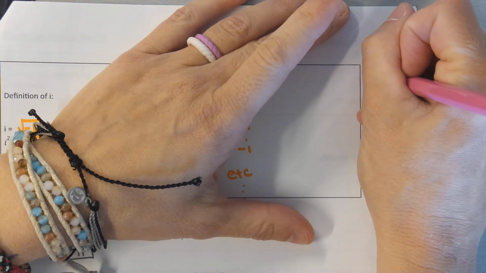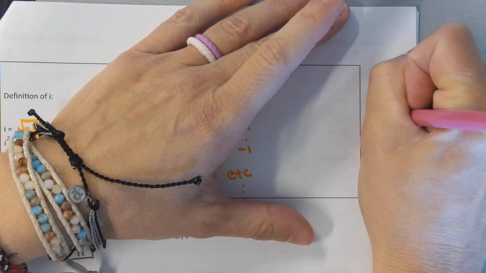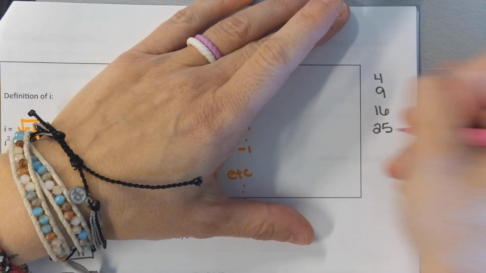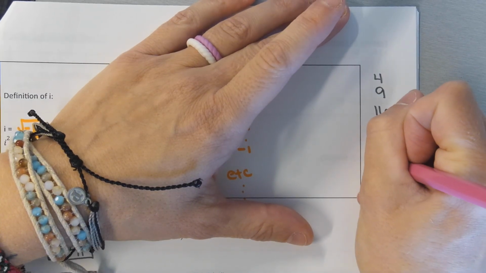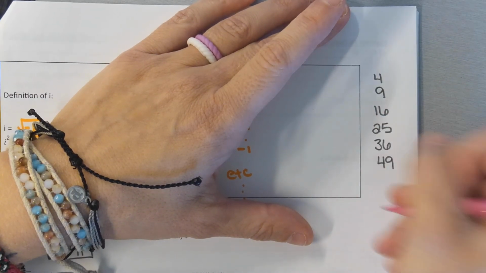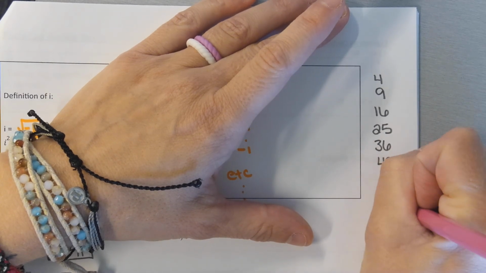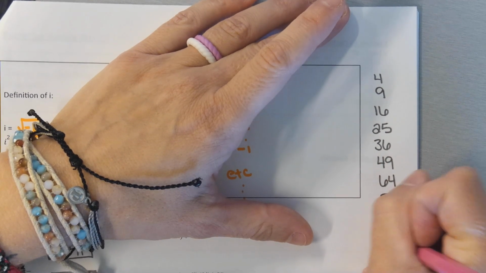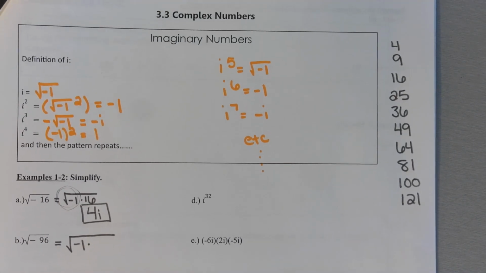So 2 squared is 4, 3 squared 9, 16, 25, 36, 7 squared 49, 8 squared 64, 9 squared 81, 10 squared 100, and then 121 would be next.